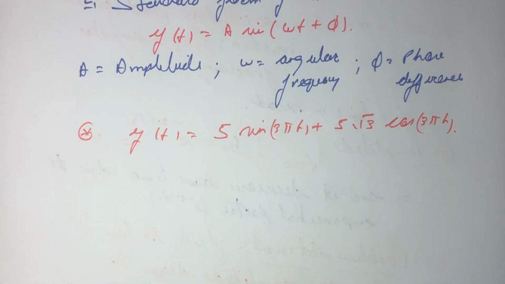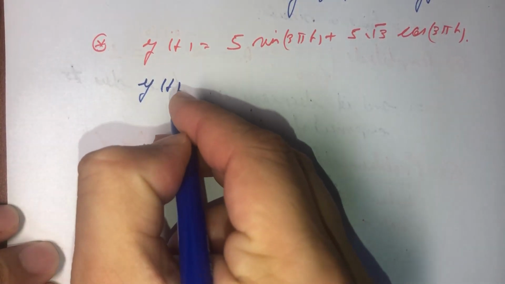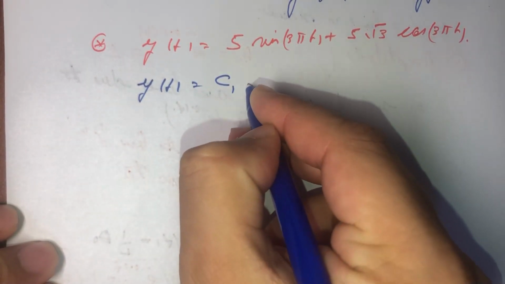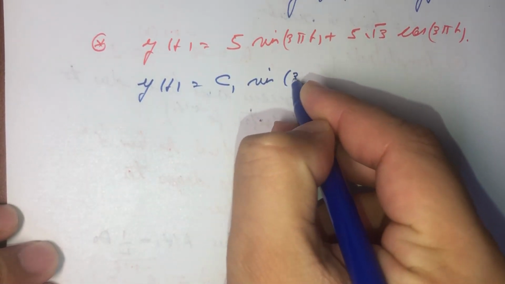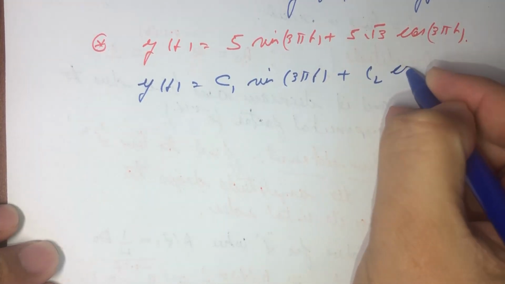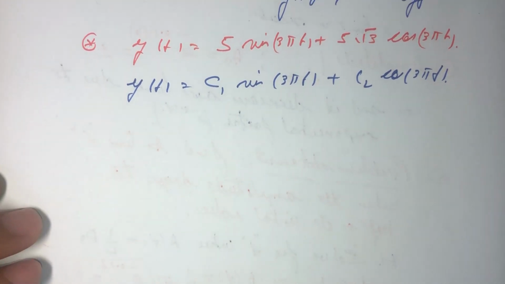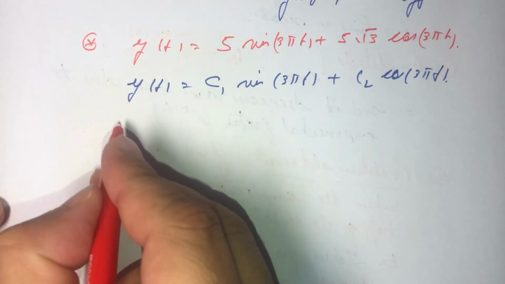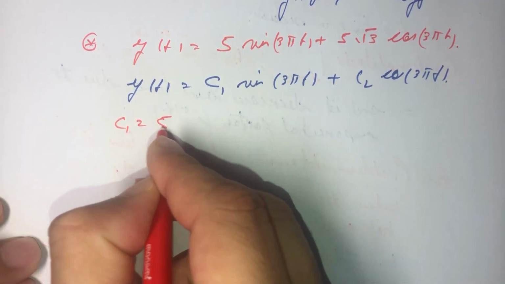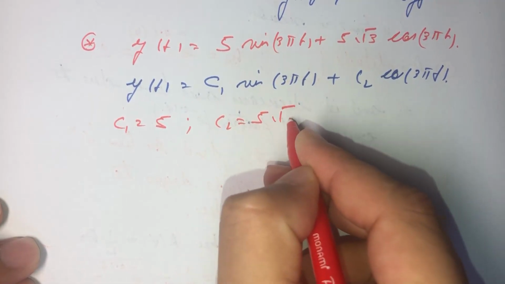Let us write it in the form y(t) = c1 sin 3πt + c2 cos 3πt, where c1 is 5 and c2 is 5√3.